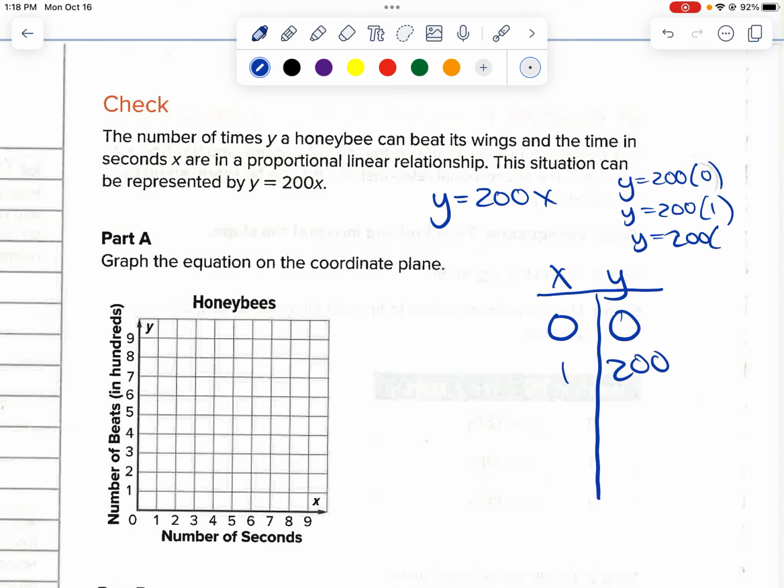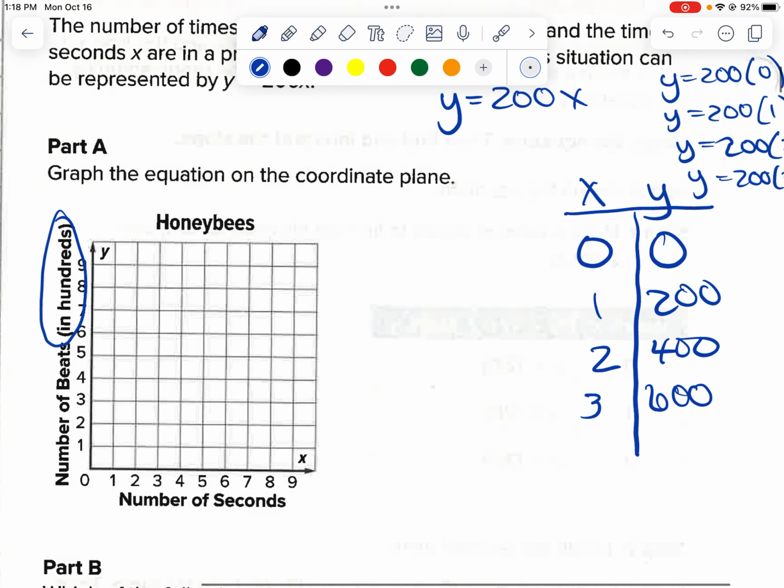Plug in 2. That would get me 400. Plug in 3. That would get me 600. Now, mind you, look at this. It says in hundreds. So these numbers are in hundreds already. So 0, 0, 1, 200, 2, 400, 3, 600, 4, 800, on and on.